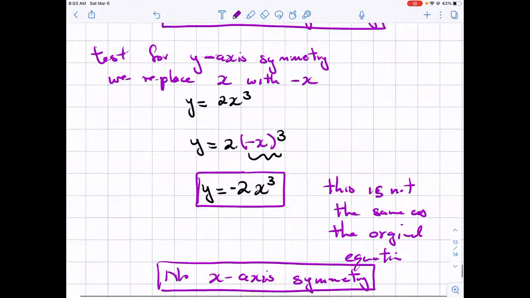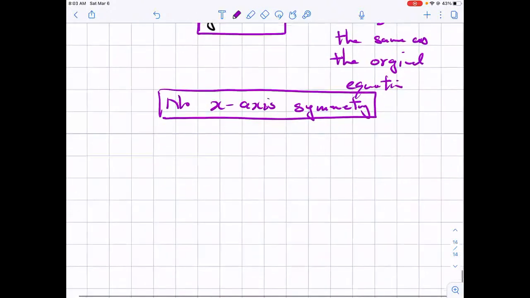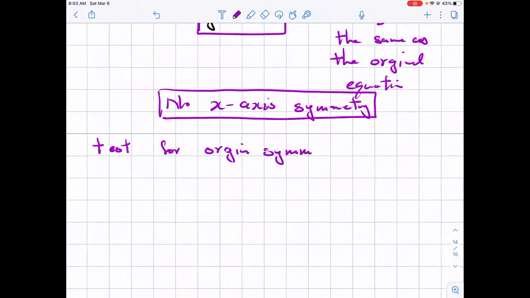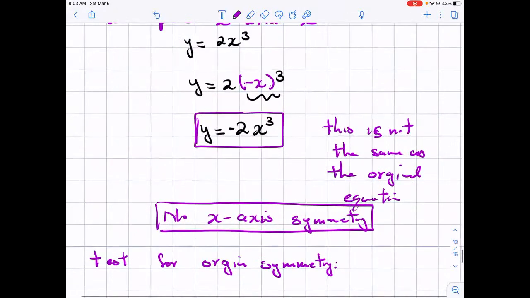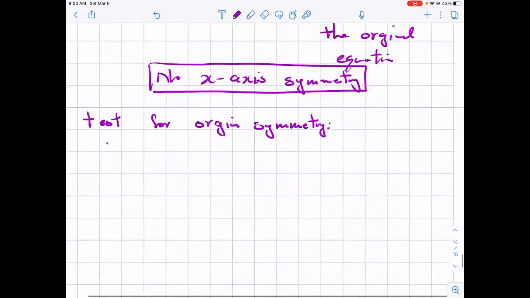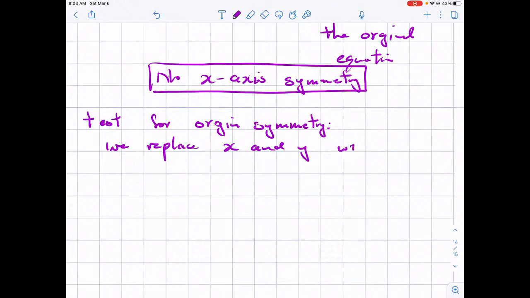So now let's test for origin symmetry. If we test for origin symmetry, we replace x and y with minus x and minus y.